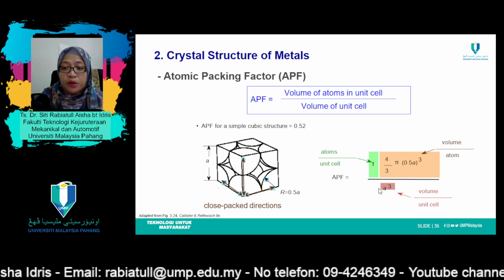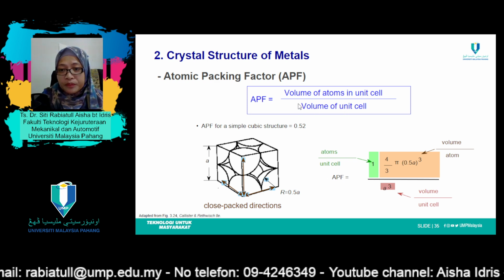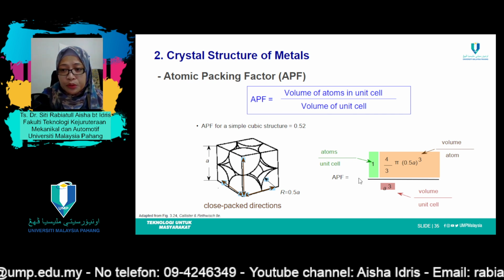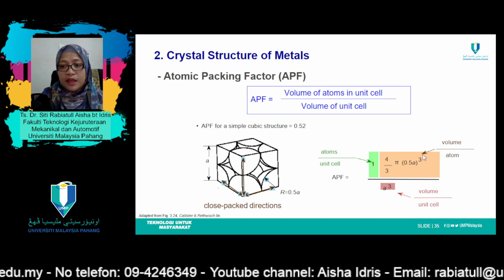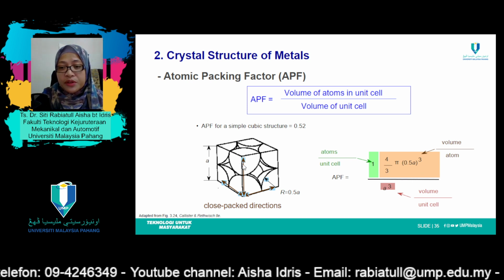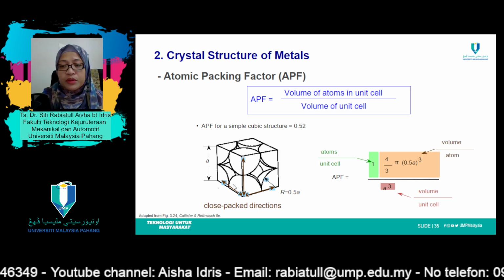So a cubed is the volume of the unit cell. Meanwhile, for the volume of atoms in the unit cell, you need to multiply the volume of a sphere for each atom by the number of atoms in that crystal structure.